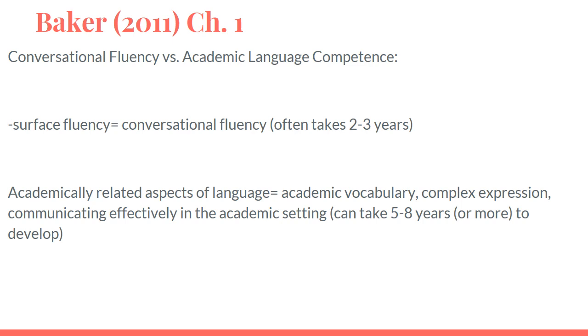And so many educators become kind of befuddled when they see a student that can converse fluently in English, has little to no accent, understands most of what the teacher is saying, and can participate pretty well in class discussions on basic topics.